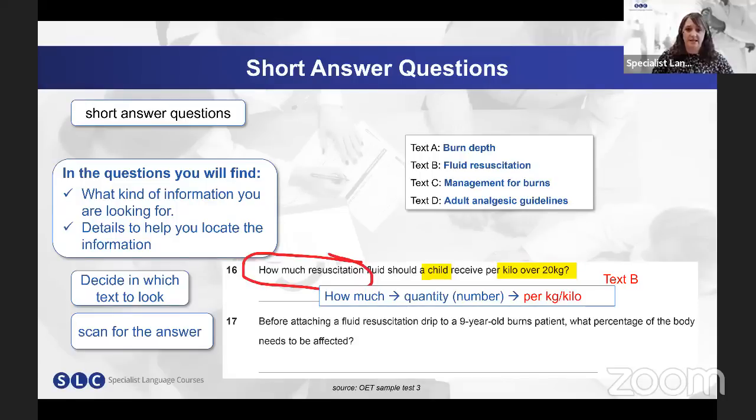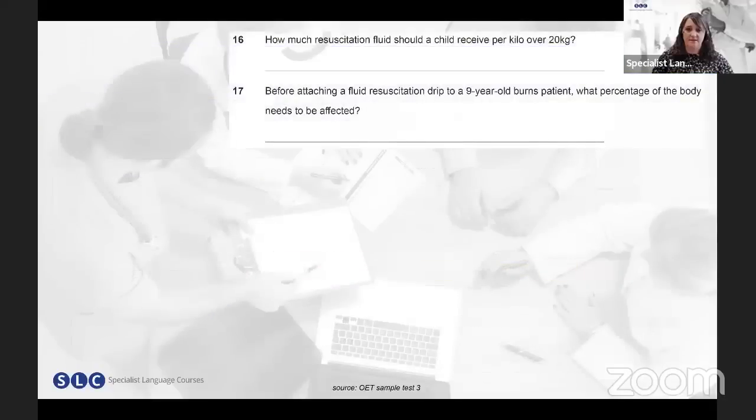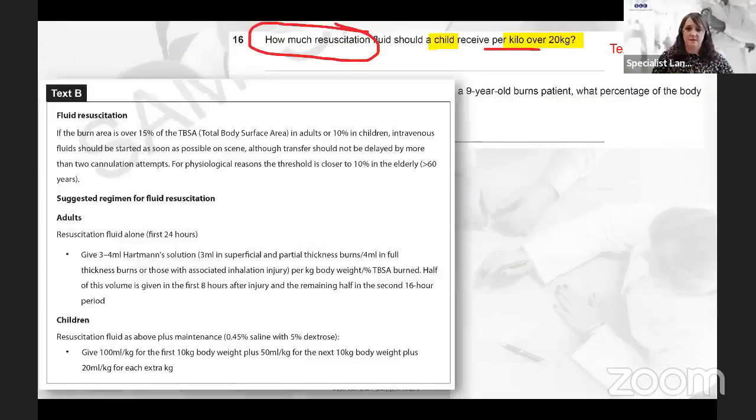All right, so let's take a look at our text. Take a few moments. Remember, we're looking for child, so we immediately focus our attention onto this section of the text here. We know that we're looking at information about children.